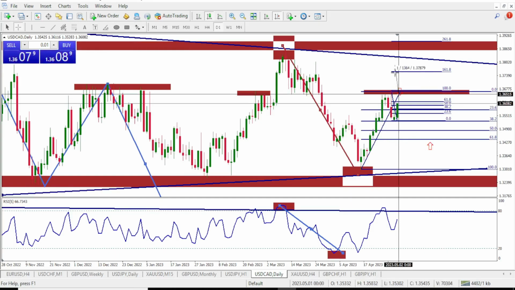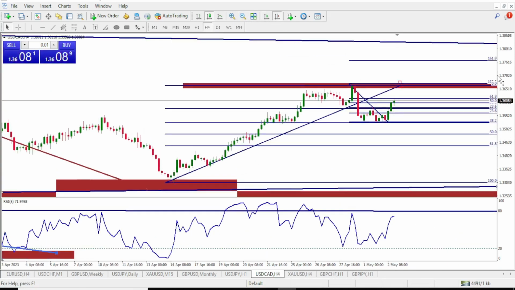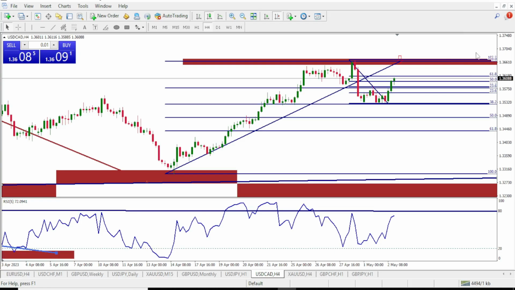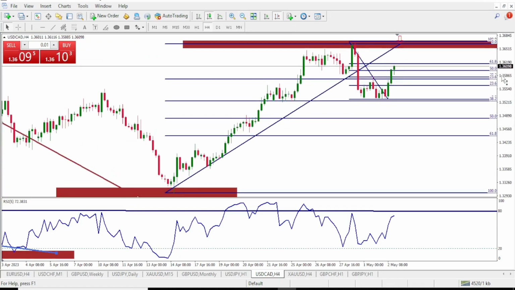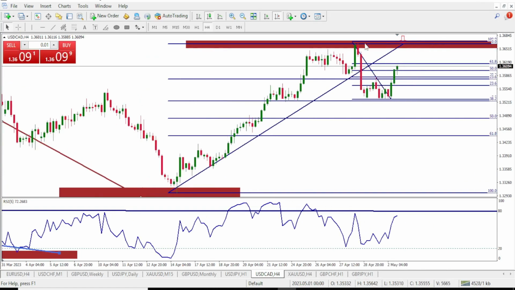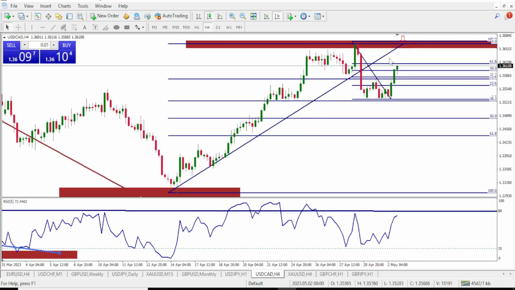Otherwise, if I get a close above this zone, then I will have an opportunity to trade it towards 1.40 approximately, and the pip value will be 288 pips. So when it reaches here and makes this double top, I will look for divergence, and then I will take a sell trade.